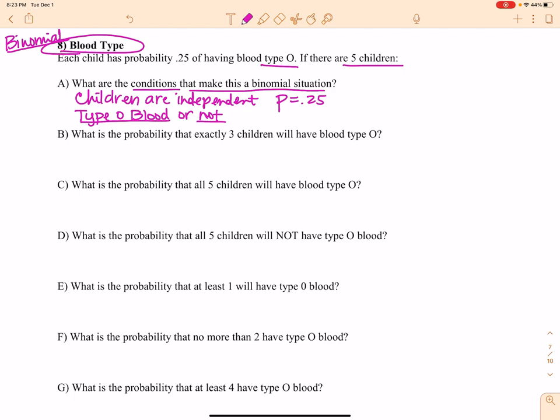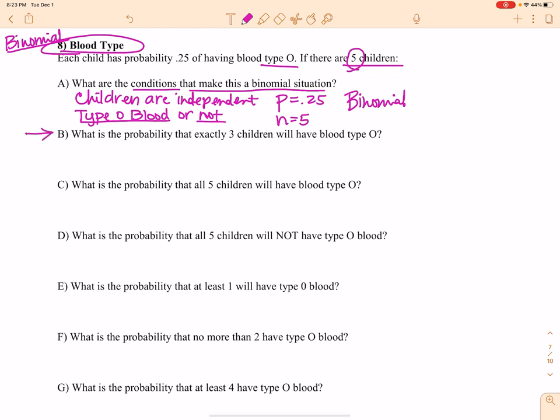The last condition is that there needs to be a fixed number n of observations. Notice we are dealing with 5 children. Those are the only 5 children we're considering, so I'm looking at 5 children at a time. So this would be considered a binomial situation, and as we do the problems, we're going to use our binomial notation to set this up.